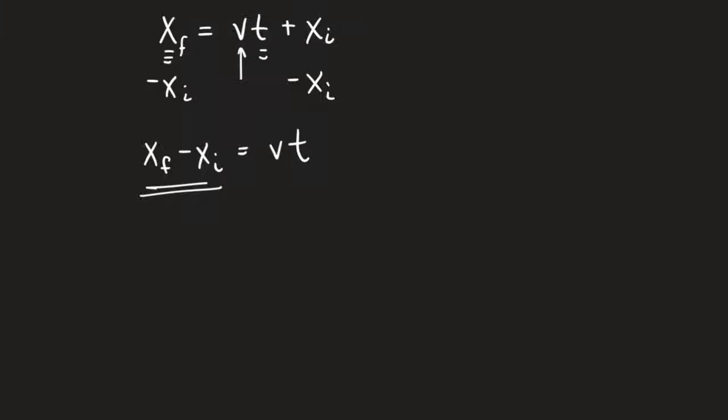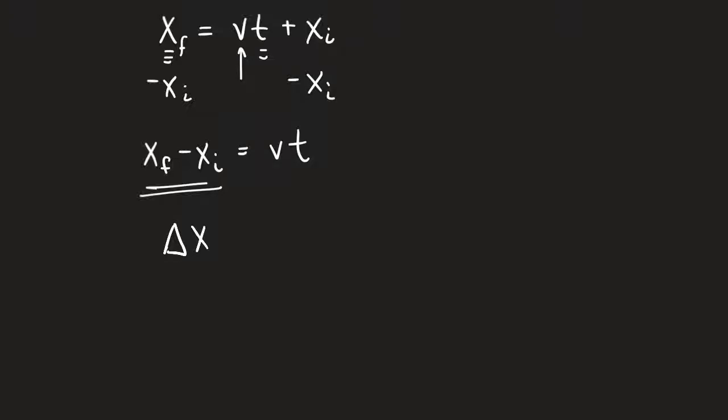The delta math symbol means final minus initial. 6th and 7th period both got this one. I'm so disappointed. You guys remember the delta? Now, maybe it didn't get taught to you, and it's okay.